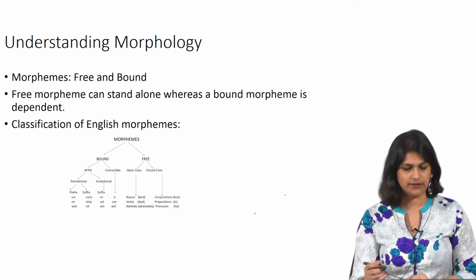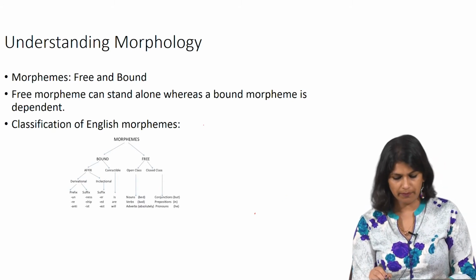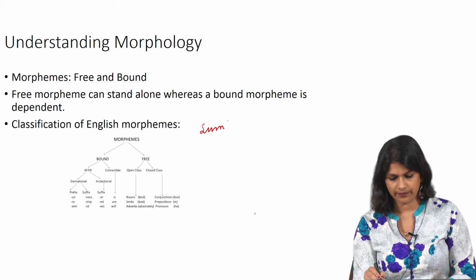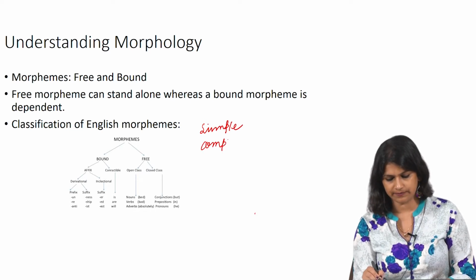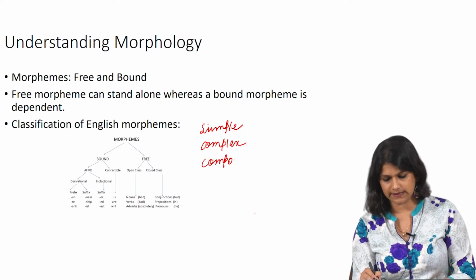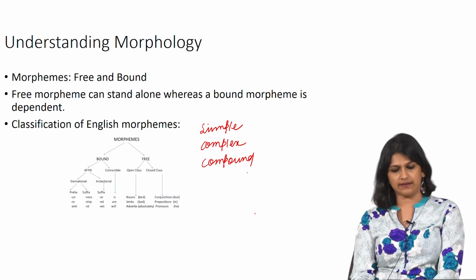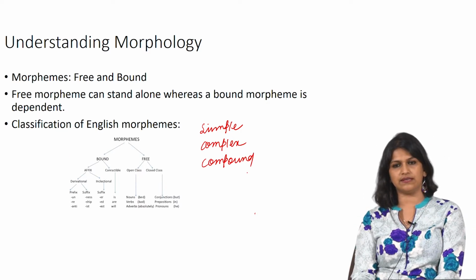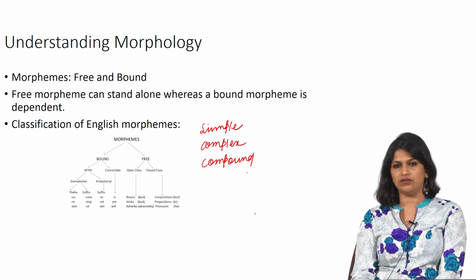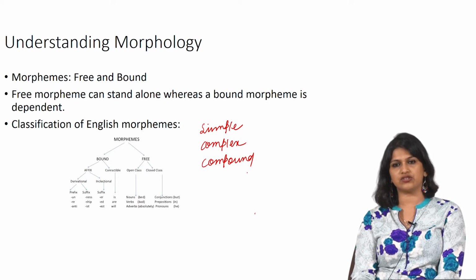Okay. So, I am going to write it over here and I hope you remember. Words are of three types: simple, complex and compound. And I just said we have to deal with this now, not in connection with the letters, but in connection with the morphemes.